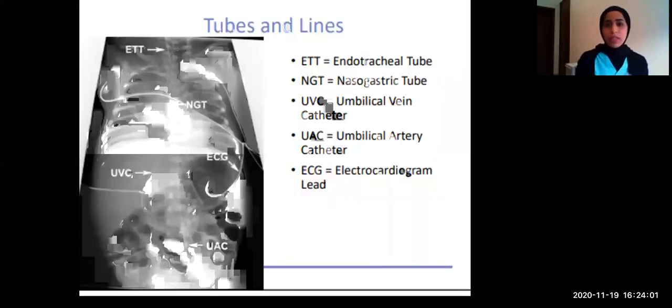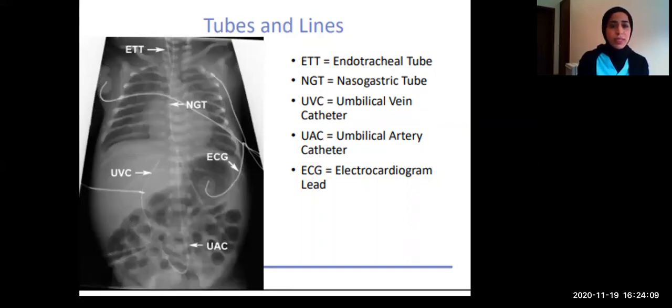So, identification of the tubes and lines. These are common lines in sick babies or the very young age group of the pediatric population. You should always comment on the proper position of these tubes and lines, but I will briefly just identify these lines to give you an idea. This is the endotracheal tube, which is seen only in the trachea.